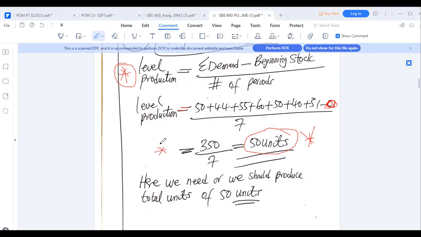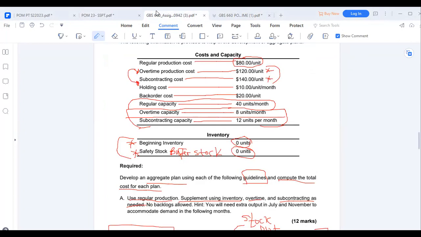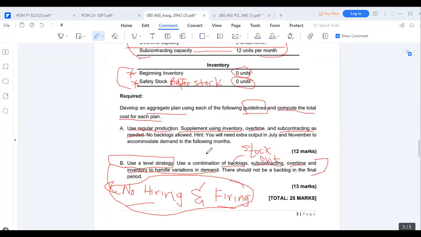So what next? We should produce a total of 50 units. Now, if the 50 units will not be enough, we are going to use the method they mentioned in the question: the level strategy with a combination of backlogs.